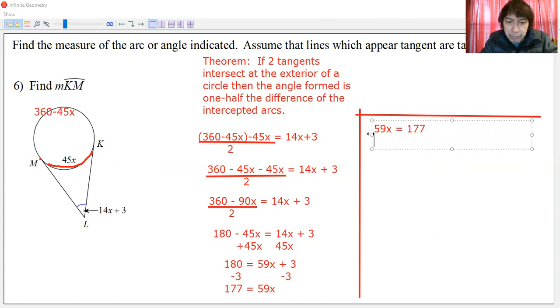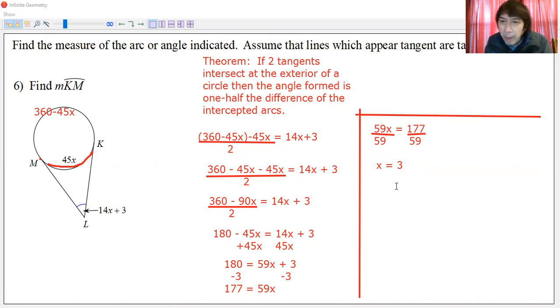Divide by the 59 and 59 there. Okay, this time is division. And how much do we get there? Are we going to get 3? X is equal to, that will be about 59 times 3 is 177. Yes, it's 3. X is equal to 3.